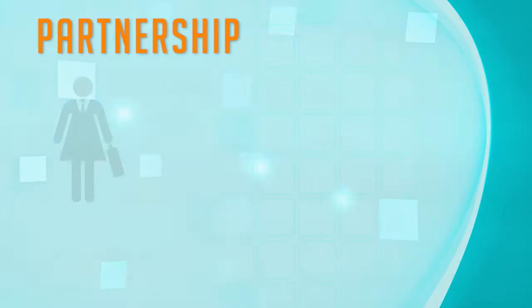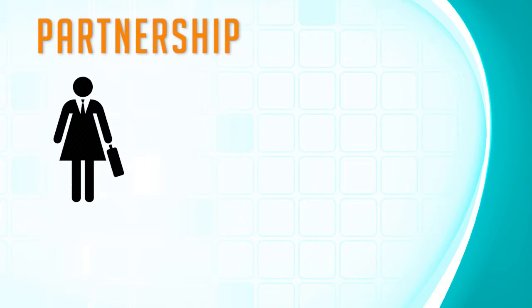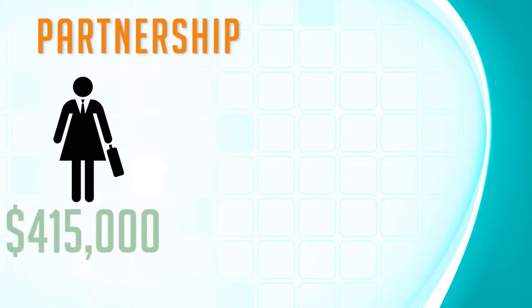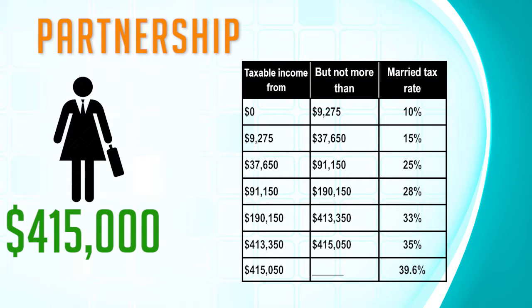Now, let's take a look at Jill's situation because it's a little different from Jack's. Jill has a second job and ended up with an income of $355,000 from that job. So, when you add her share of Example Inc., her taxable income is $415,000. So based on the single taxpayer's rate table, we see that she crosses 2 tax brackets.